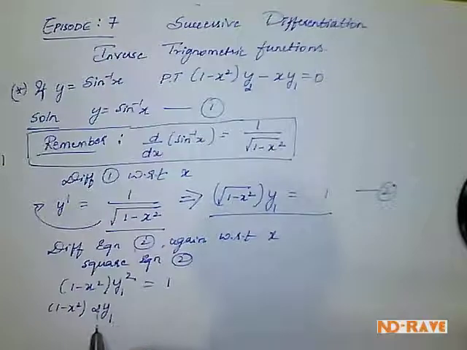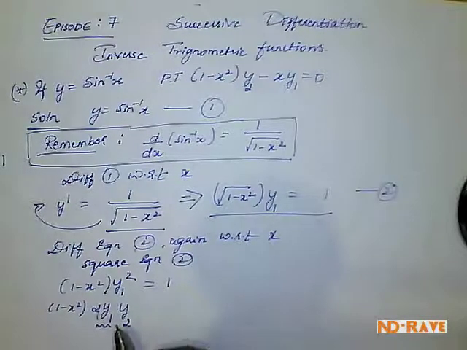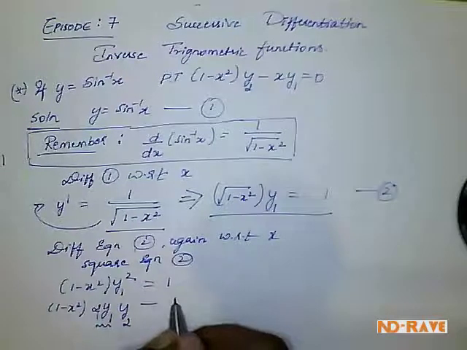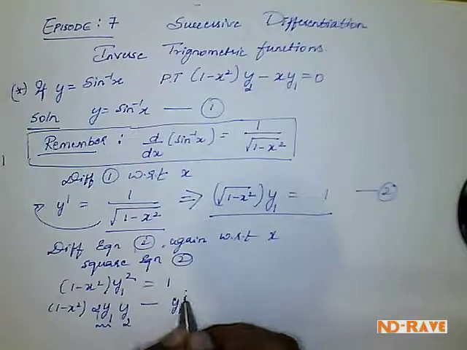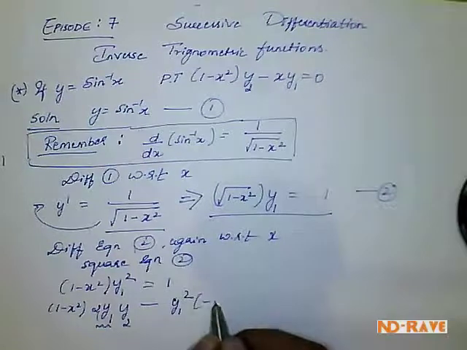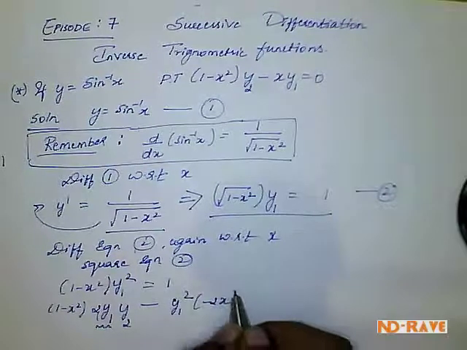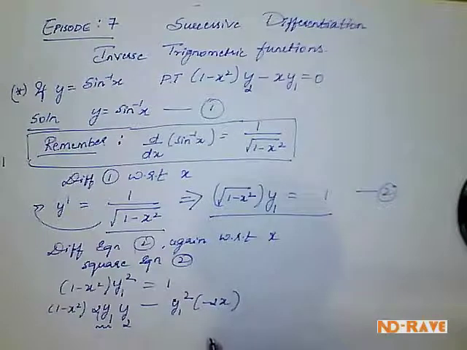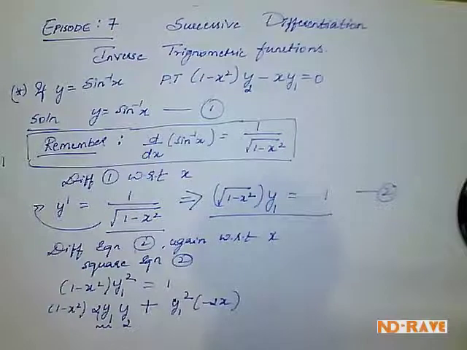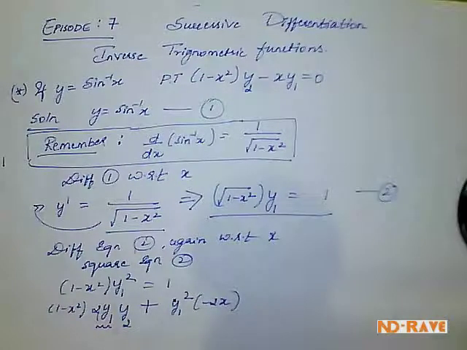So again the differential of y1 is y2, that is nothing but the second differential, minus y1 squared as it is, and the differential of minus x squared is minus 2x. So this is plus.